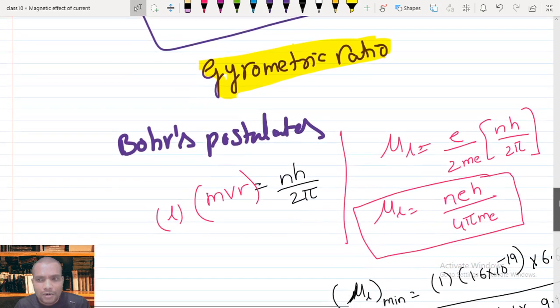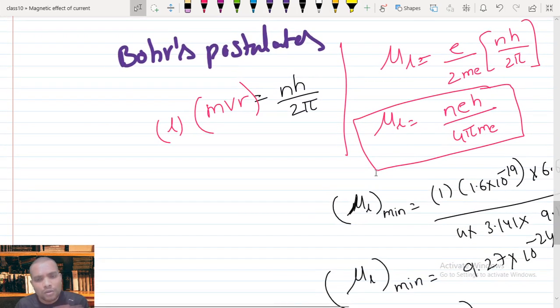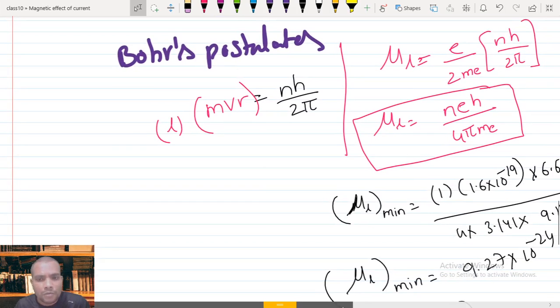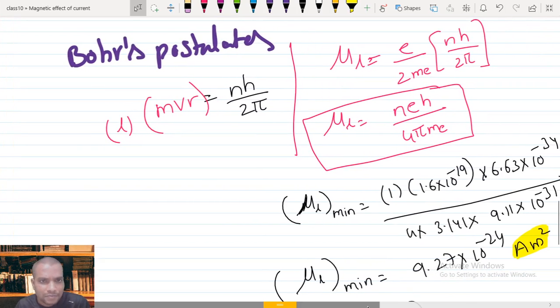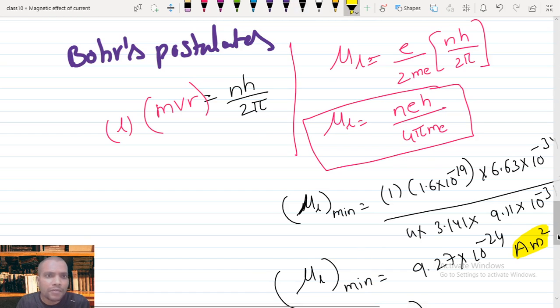And if we include in place of angular momentum the Bohr postulate, which is a very powerful postulate, that the angular momentum of a revolving electron L equals mvr equals nh by 2 pi, an integral multiple of h by 2 pi.